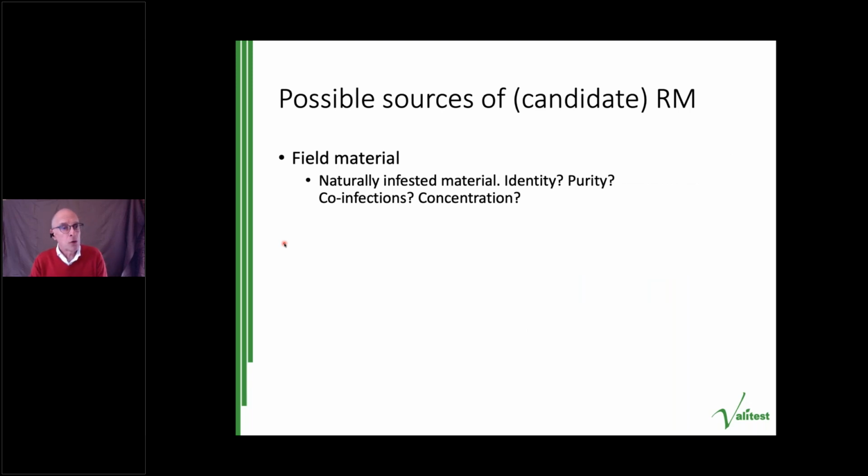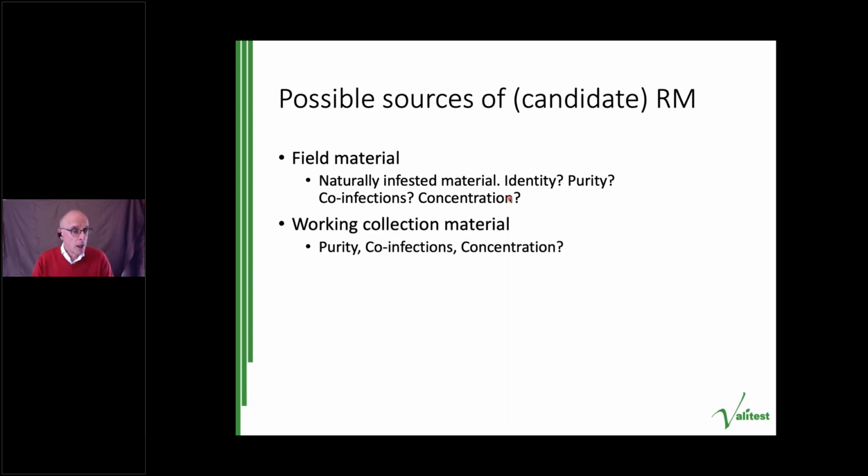And what possible sources can you actually distinguish? Well, obviously, field material is one source, usually naturally infested material. But the use of that material raises questions on its identity, its purity. Are there any co-infections? Are there any other pathogens in it? What do I know about the concentration of my particular pathogen, which I want to be there in that field material? You can have material from working collections.